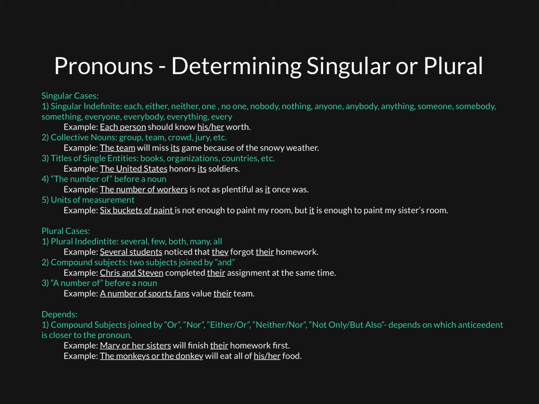Meaning in this sentence, Mary or her sisters will finish their homework first. So there is the pronoun, and the antecedent is Mary or her sisters. So her sisters is closest to the pronoun, meaning that we go based off of that part of the antecedent. So her sisters is plural, so the pronoun will also be plural.